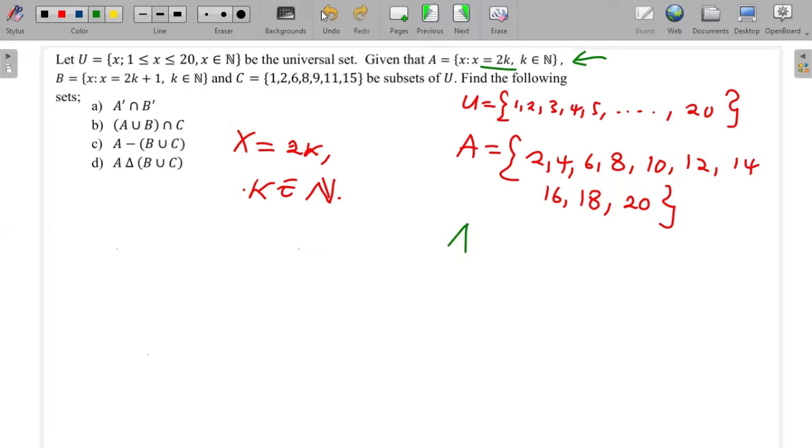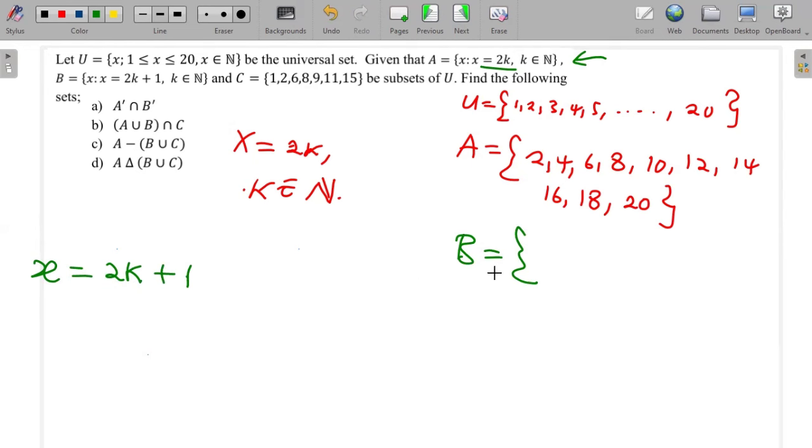For set B, we're going to use that same shortcut. Here x is equal to 2k plus 1. This 2k is an even number, right? And then to that even number, I add a 1, which makes it an odd number.